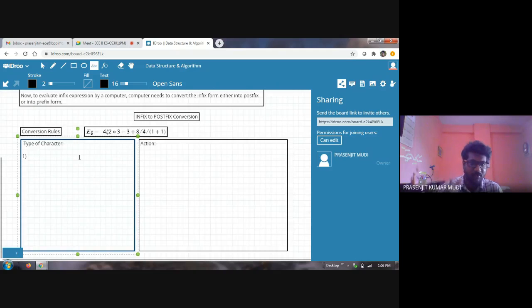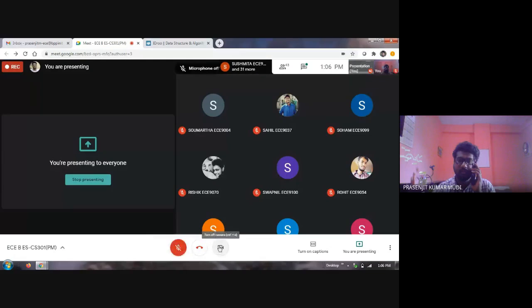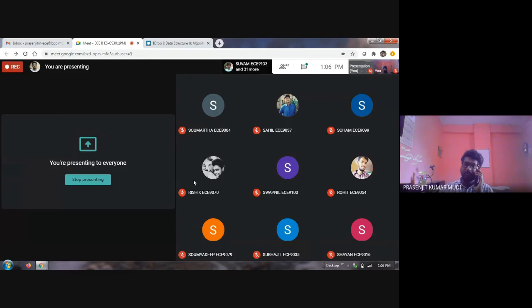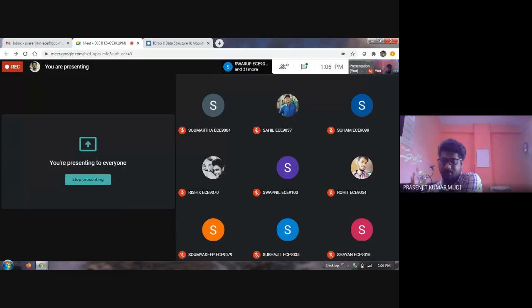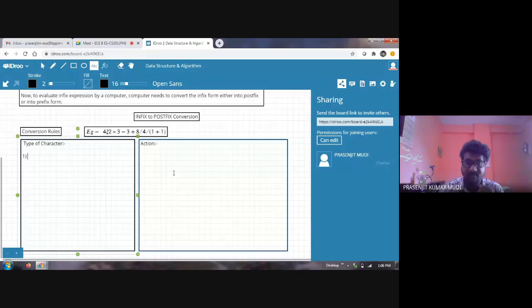No, we are not talking about precedence yet. From the left end to the right end, each character will be scanned, and they are supposed to be stored in the stack.